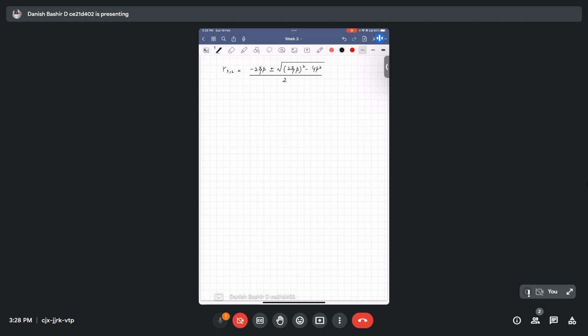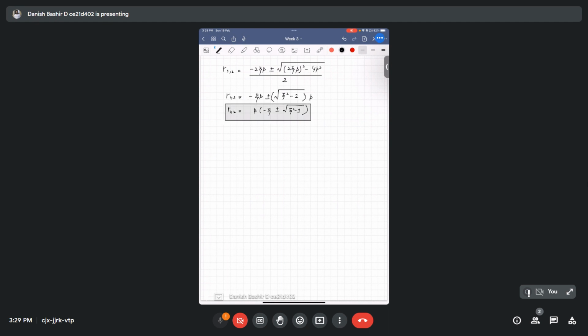When we solve this further, we obtain r1, 2 is equal to minus theta p plus minus p times under root theta square minus 1. Taking p as common, r1, 2 will be equal to p times minus theta plus minus root theta square minus 1. So we obtain these two roots for that equation.